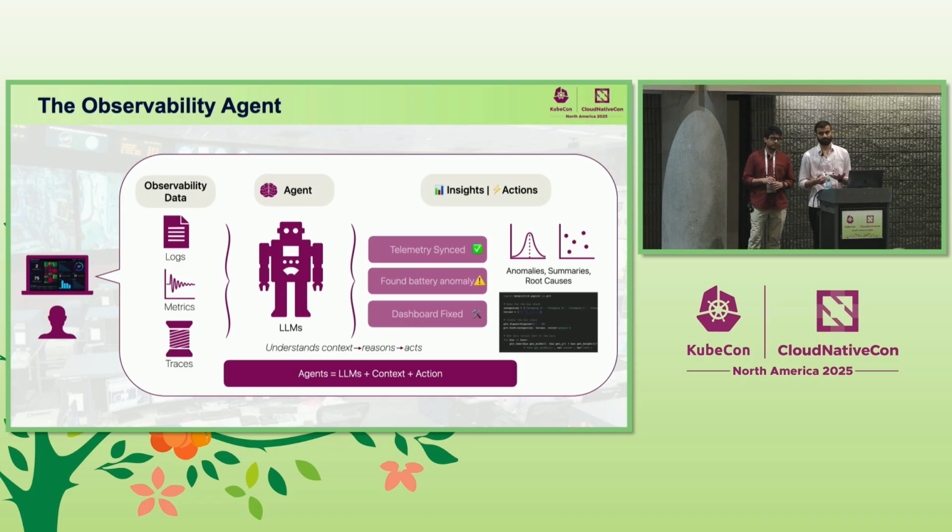The agent connects 3 things: observability data, which is logs, metrics, and traces emitted from our satellites; LLMs, which provide reasoning and understanding and make sense of all the space data; and actions, which involve insights, anomalies, summaries, even fixes that our space mission control specialists can use. So this agent doesn't just respond, it reasons. It understands context, identifies what went wrong, and acts.